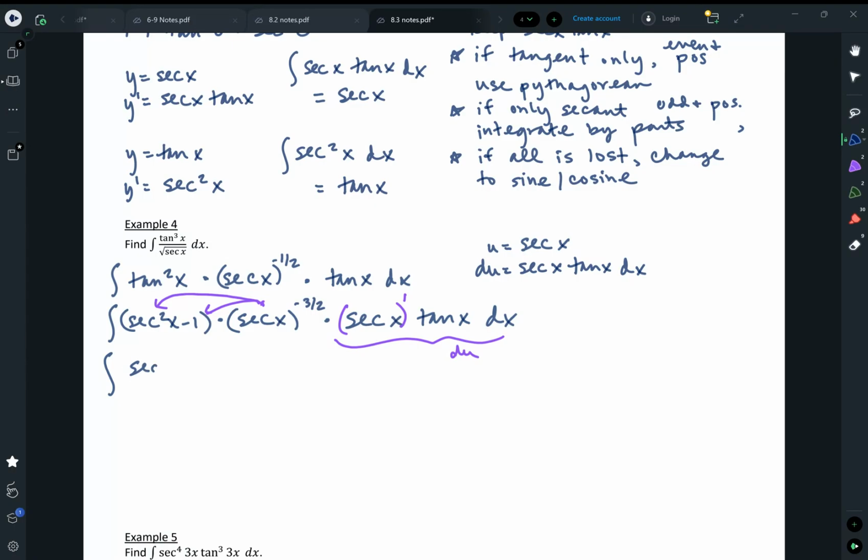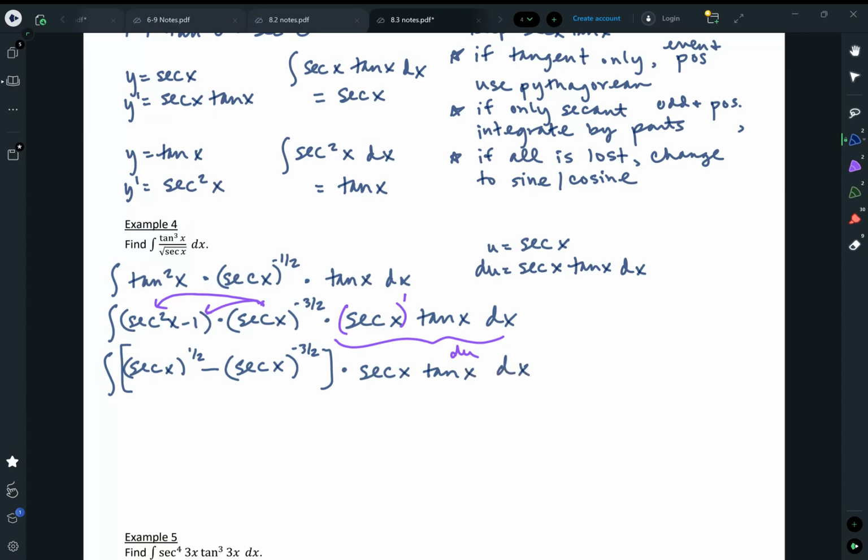So this is going to give me secant x to the 1/2 power minus secant x to the negative 3/2 power, and then brackets around all of this. And then we still have times a secant x tangent x dx.